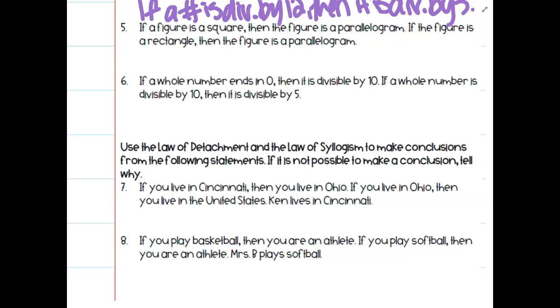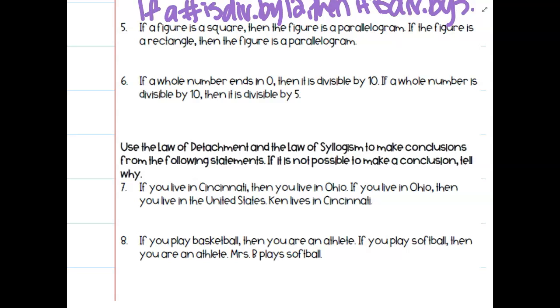I do see a statement that's the same, right? I see that the figure's a parallelogram, the figure's a parallelogram. But where is the figure's a parallelogram in both of my statements? It's the conclusion for both. If it's the conclusion for both, I can't connect these two.